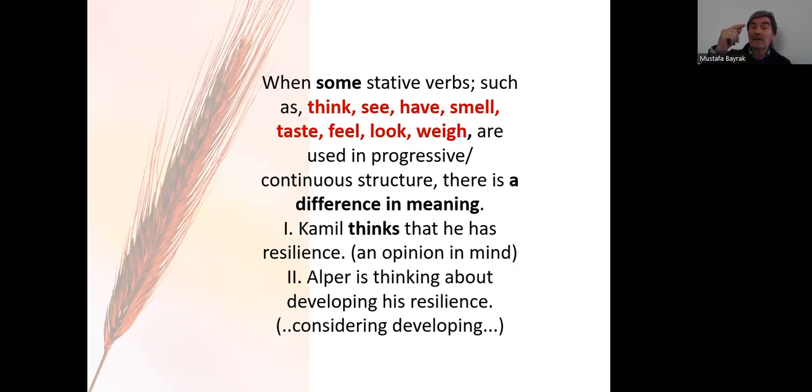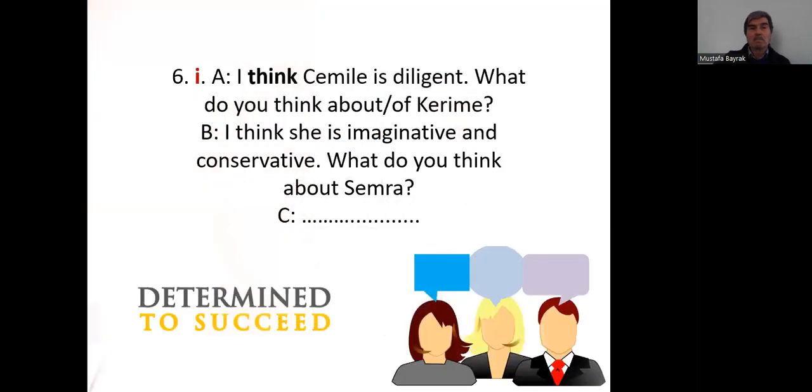So Alper is planning to develop his resilience. Or considering: plan to do something, but consider doing something. Alper is considering developing, for example. Are you considering going shopping now? Yes, I am considering shopping now.